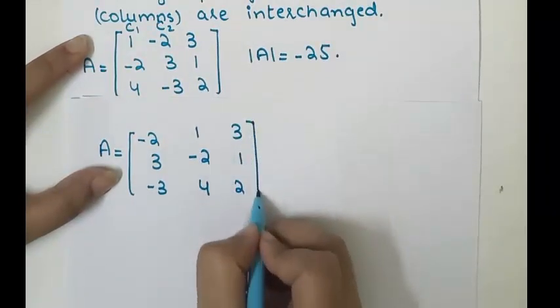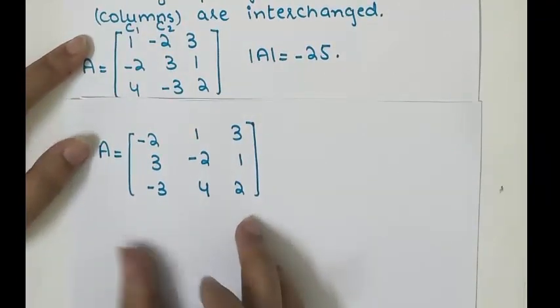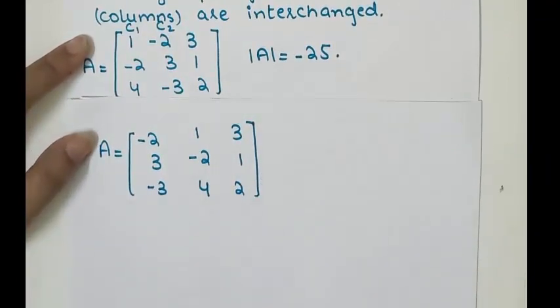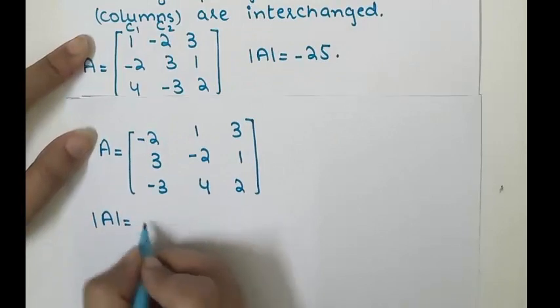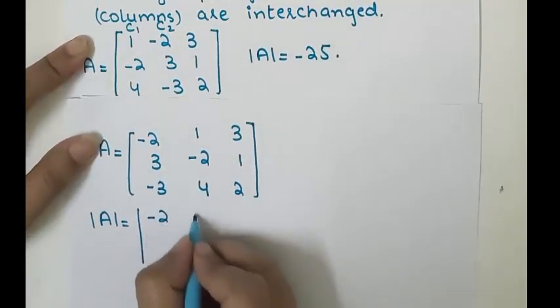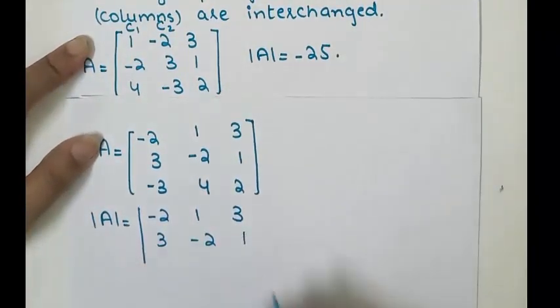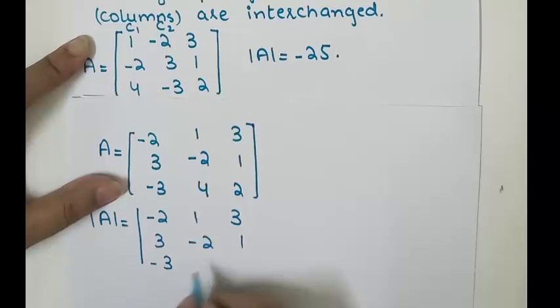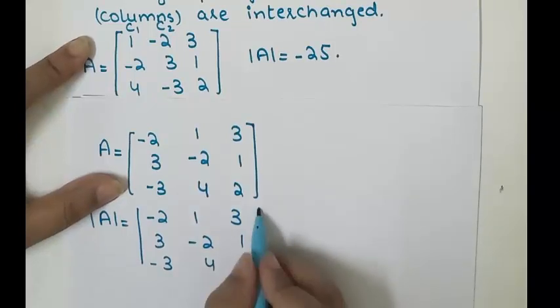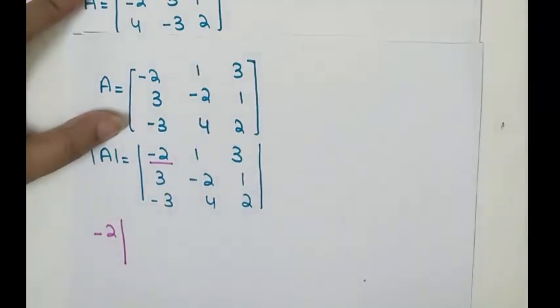and this will be written as it is. Now we will see whether its value is 25 or not. Writing it in the determinant form, we have minus 2, 1, 3, 3, minus 2, 1, minus 3, 4, 2. So writing minus 2 outside the determinant.